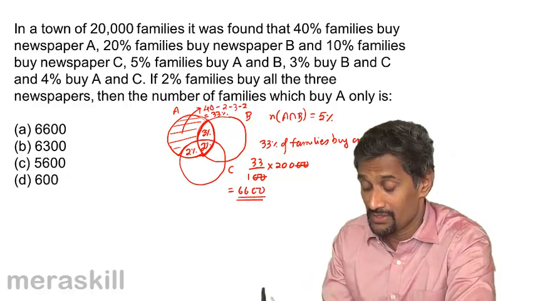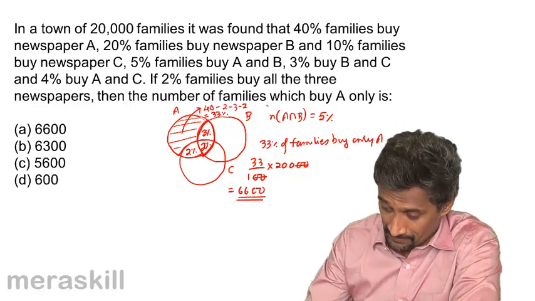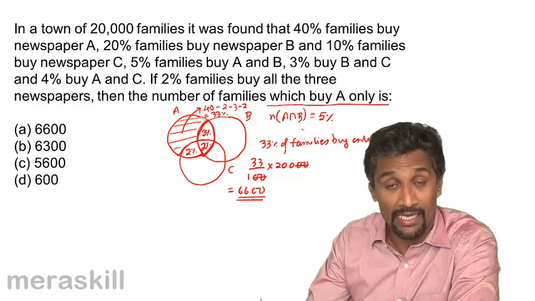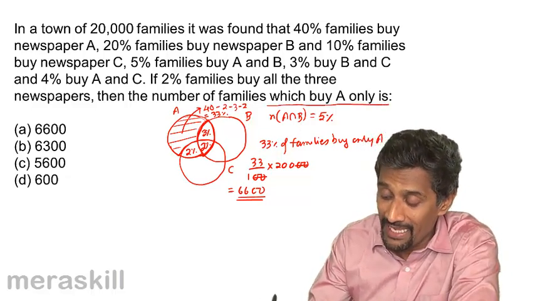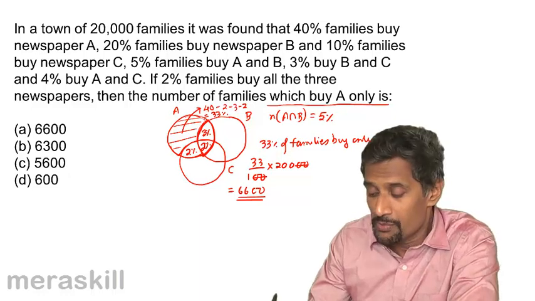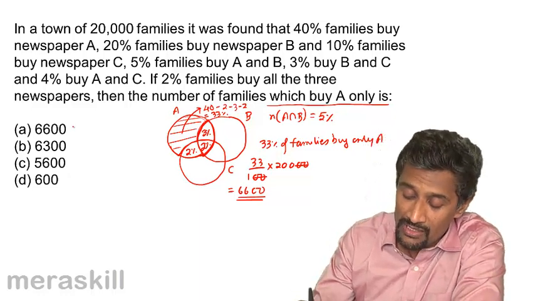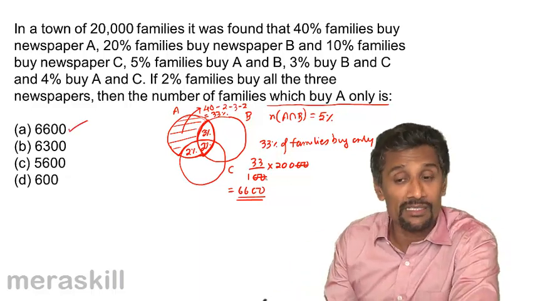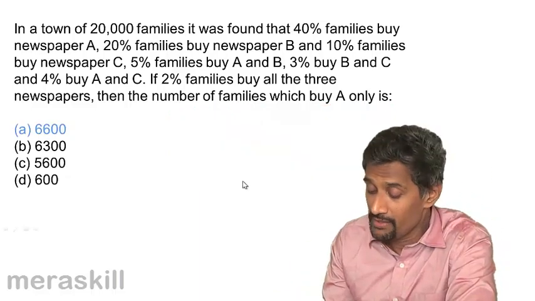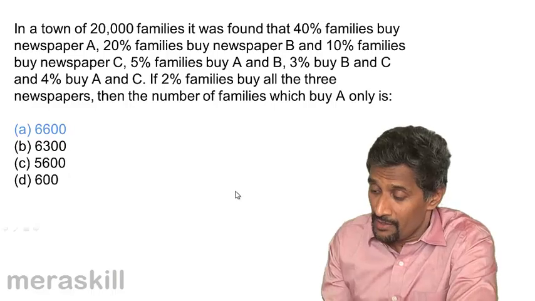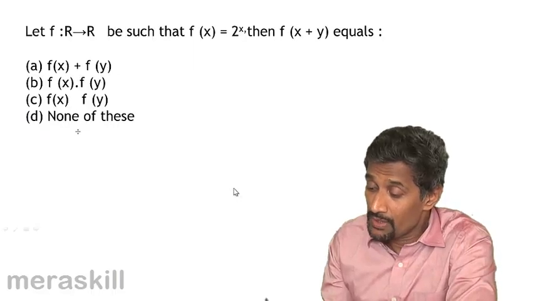So 6,600 families buy only A. Understand the difference between buying A and buying only A, which means they buy A and no other newspaper. So it's 6,600, which is this one. Okay, so we have it right there. From here, we move on to the next one.